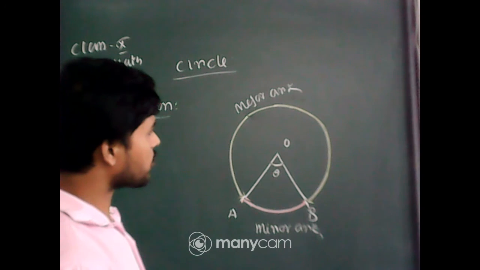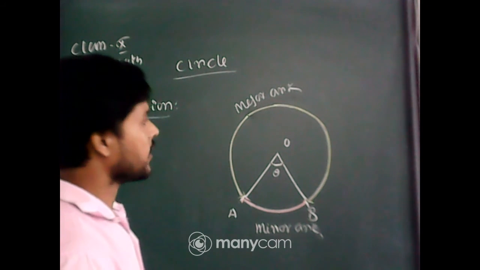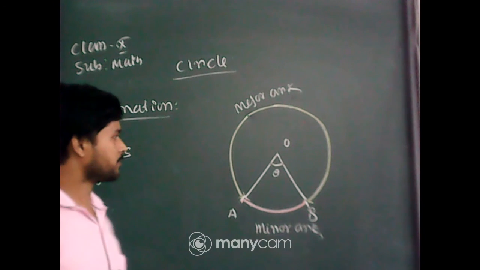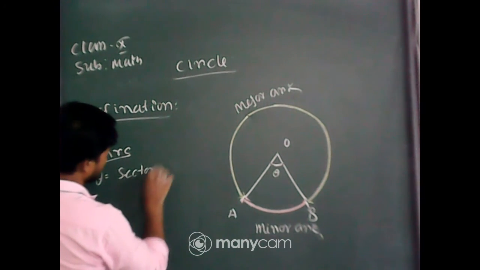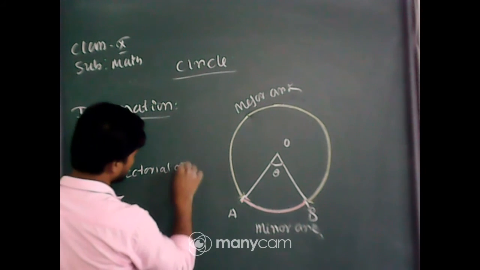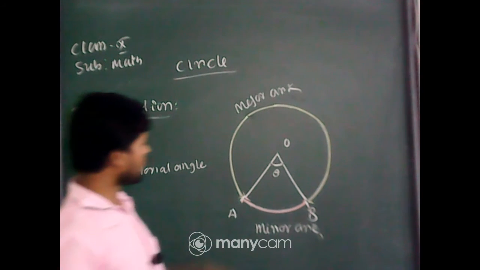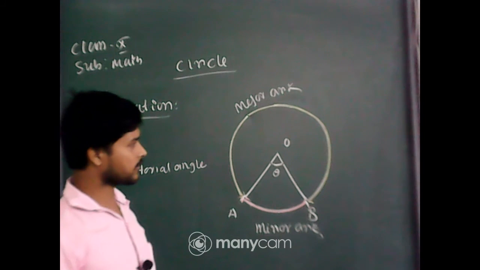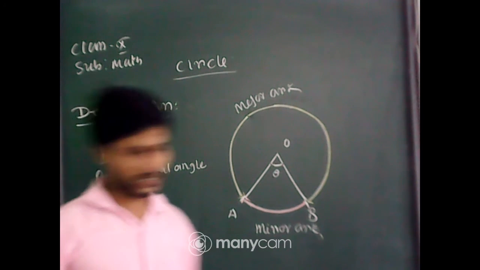This angle is not called sector. Sector is a different thing, we are coming to that. Yes, that is called the sectorial angle. Theta is called the sectorial angle, or you can say the angle made by the sector at the center is called a sectorial angle.